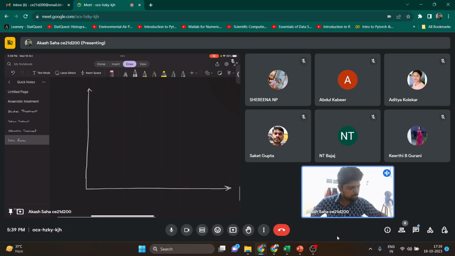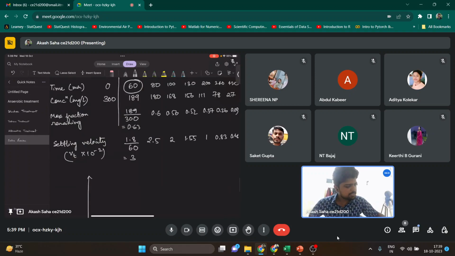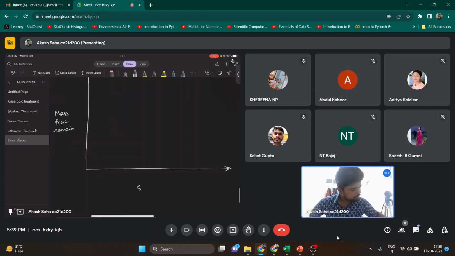We will plot a graph between the mass fraction remaining, these values we have calculated, as the x values, and below we will add the settling velocity Vt.